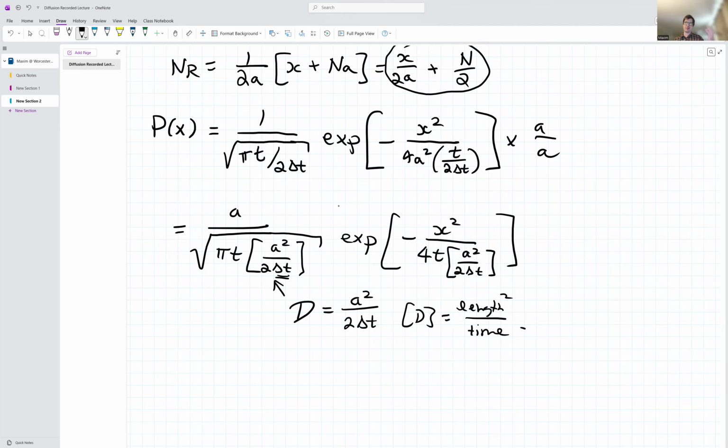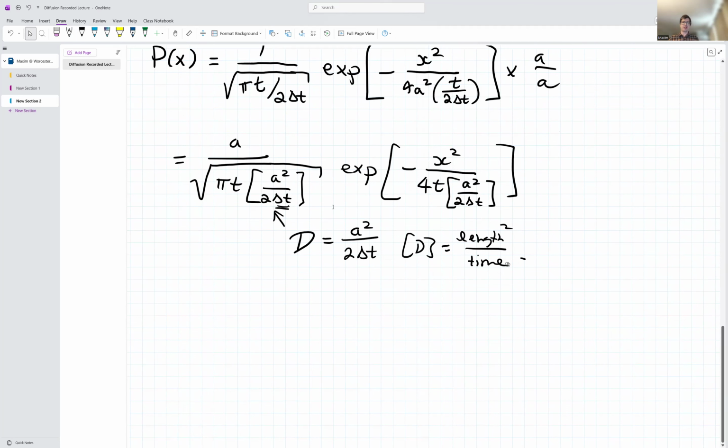That's what that captures. It's the idea that the standard deviation of your probability distribution for the final location, which tells you how far you went, grows with the square root of time. So that's called the diffusion coefficient, which is tabulated for various things in the book.